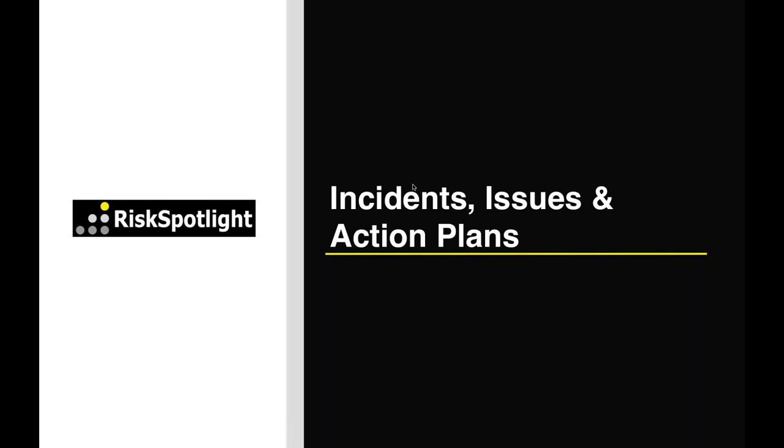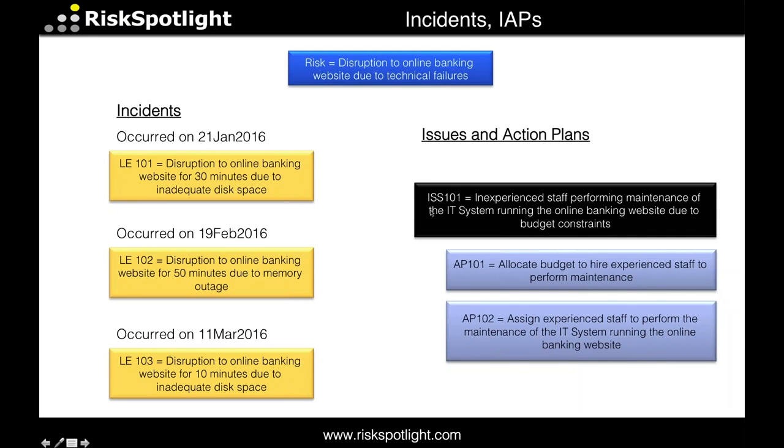So once we have done that analysis and we know what risks are important and what we need to escalate, then you need to monitor what's happening with that risk on an ongoing basis. There are various ways in which you can monitor the risk. The two we are going to look at in this section are incidents, and issues and action plans.